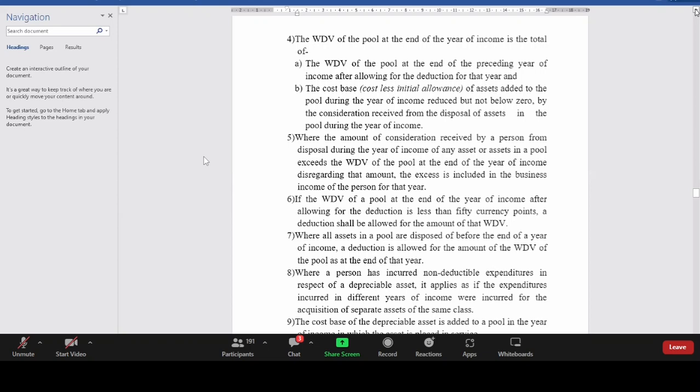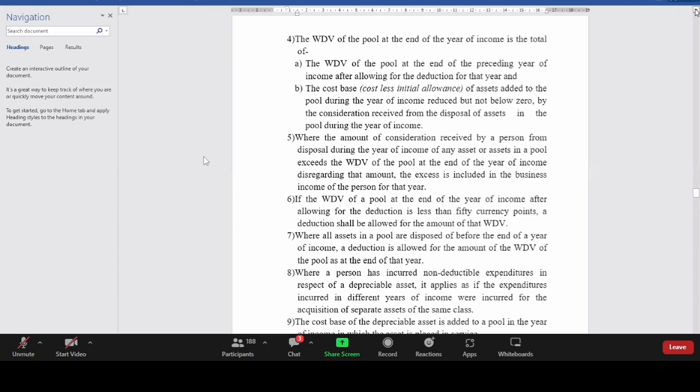That is going to be the written down value we will use for computation of wear and tear. However, cost base, if you added a new asset, you either bought it, you could have constructed it, or as a result of business relationship, somebody gave you an asset. Remember, we said it must also be taxed. Anything you have added, its cost, less any initial allowance.